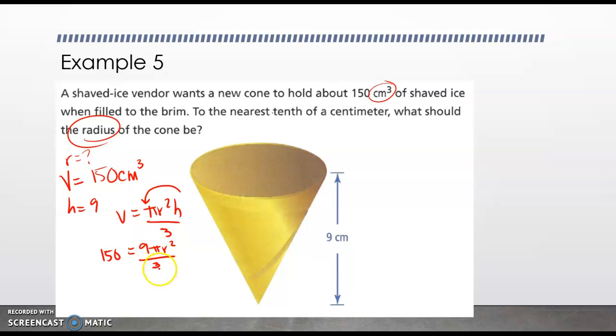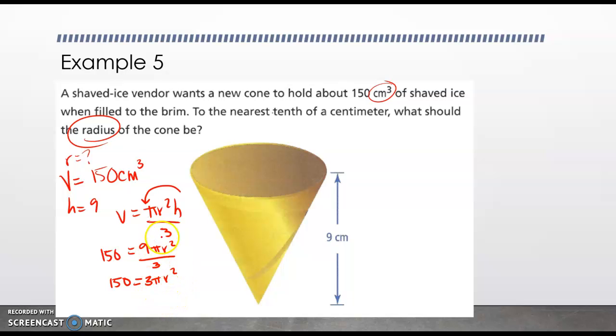I know that 9 is divisible by 3, so I'll do that, and I don't have to worry about this divided by 3. If it doesn't divide equally, then your next step would be to multiply both sides by 3. But this one does divide, so 9 divided by 3 is 3, so we have 3 pi r squared.